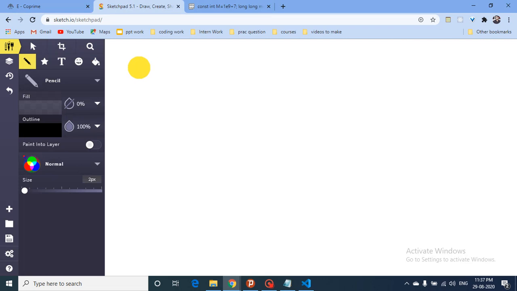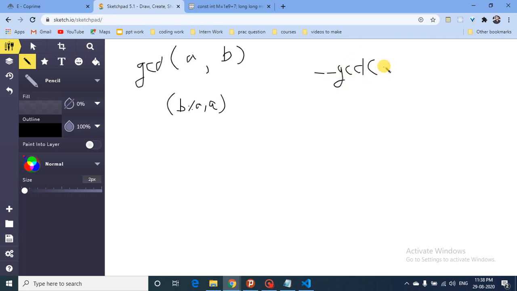It is very simple: GCD of a and b, you just have to return the GCD of b mod a and a, something like that. Or you can use the pre-built function, __gcd(a, b).